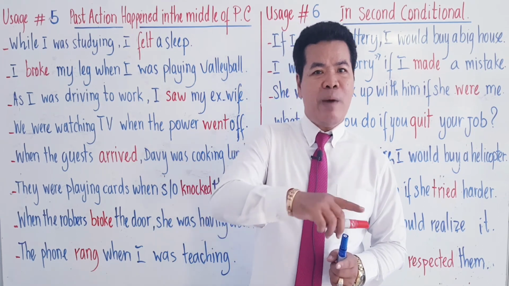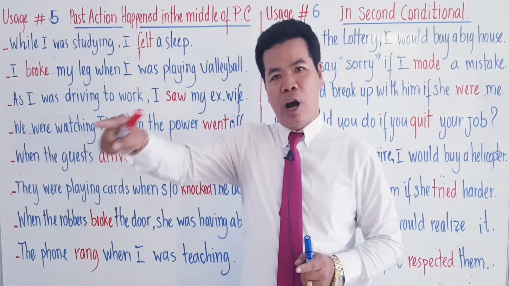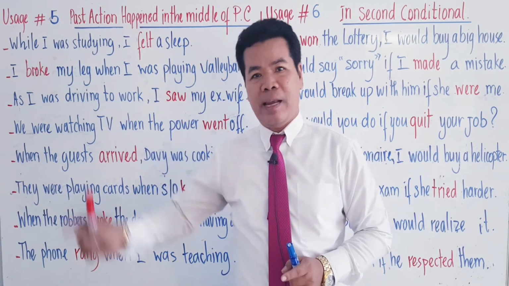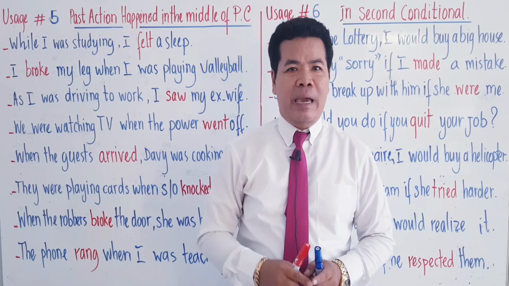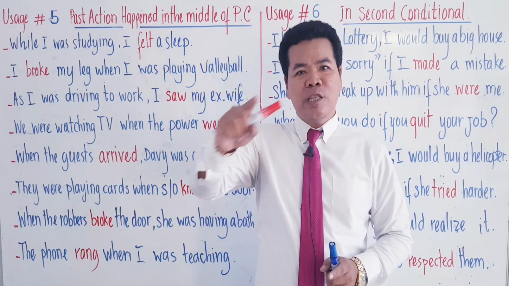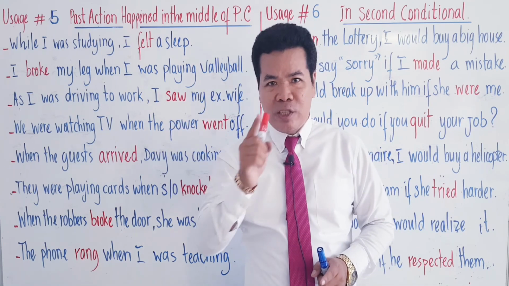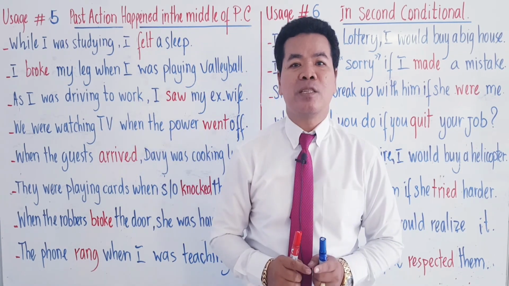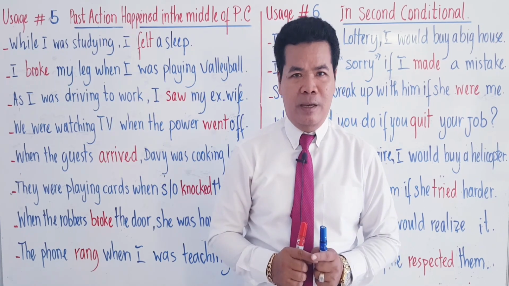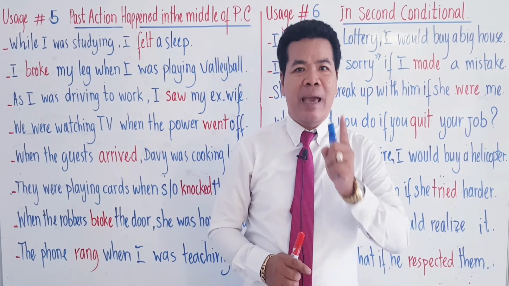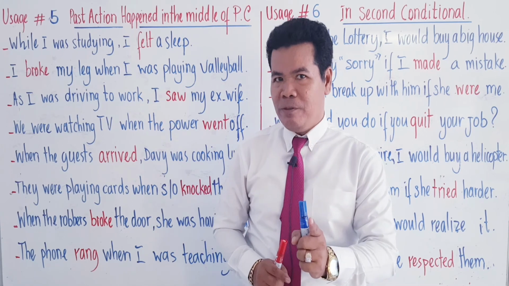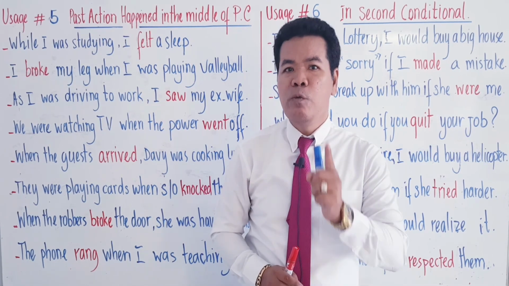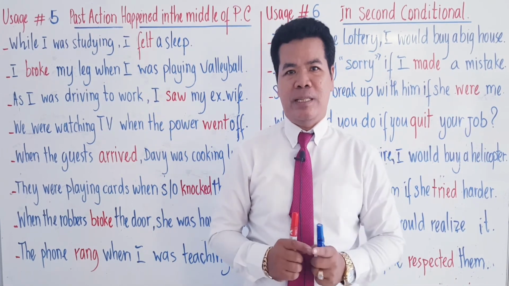Past progressive is an action that is going on or was going on like that. Okay? And past continuous was going on, and the simple past happened in the middle of the past continuous. So for an action that happened in the middle of the past continuous, we use past simple tense.